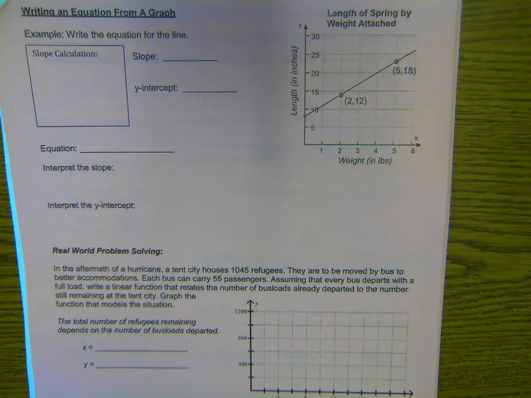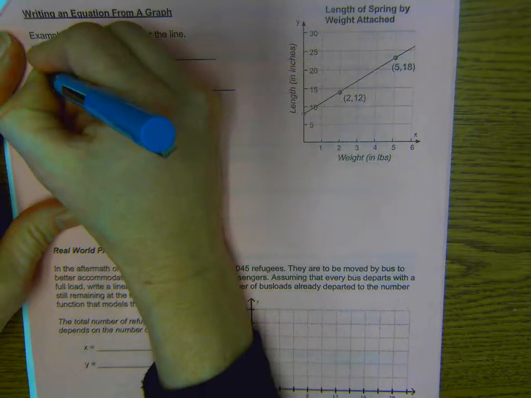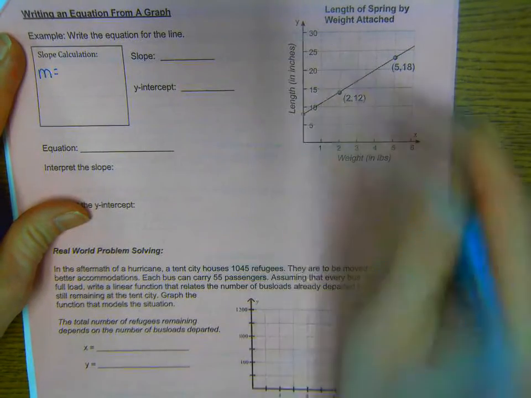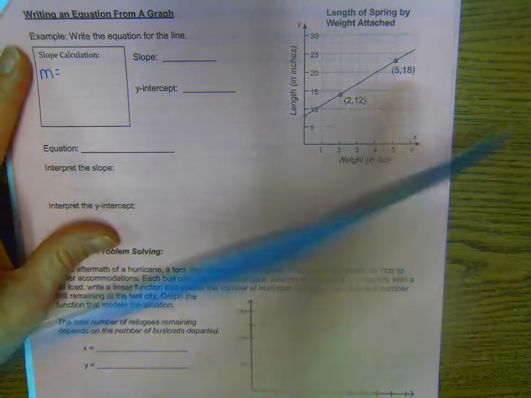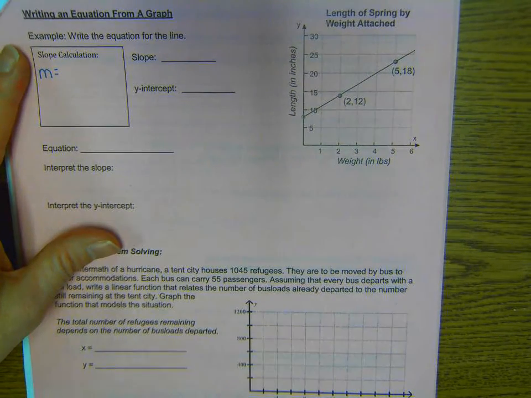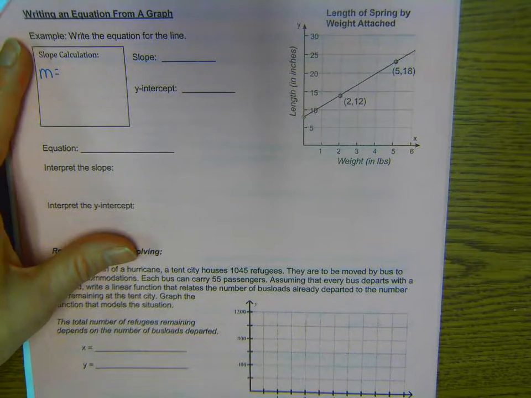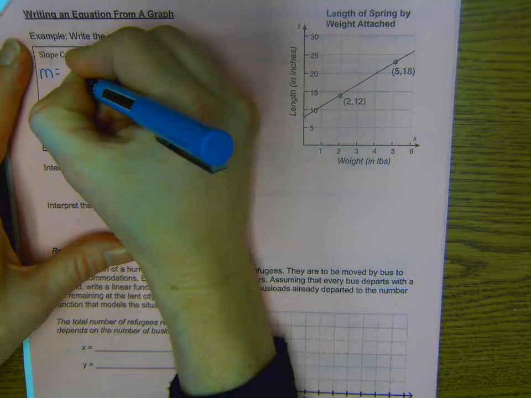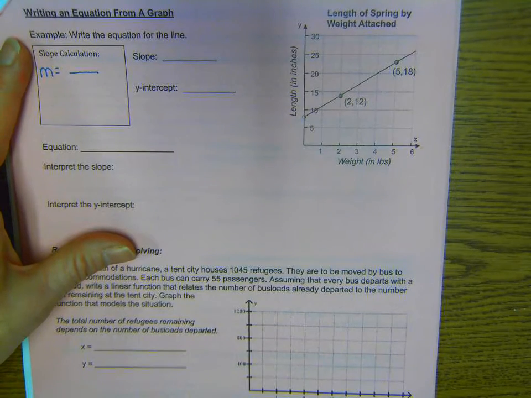So, can anybody tell me how I'm going to do the slope then? I have a little box here for it. If I have the point (2, 12) and (5, 18), how can I figure out the slope? What do you think, Riley? y2 minus y1? All right, so what would I subtract on top? But this is an x and a y.